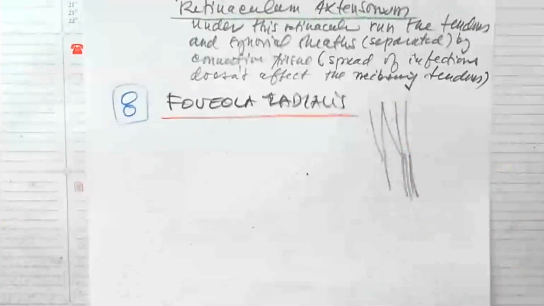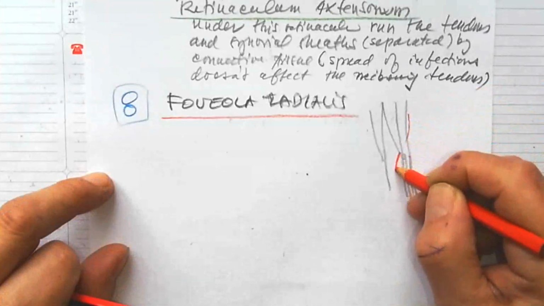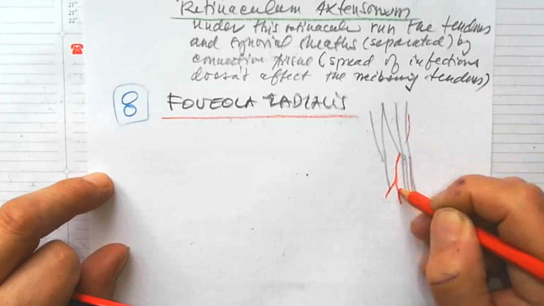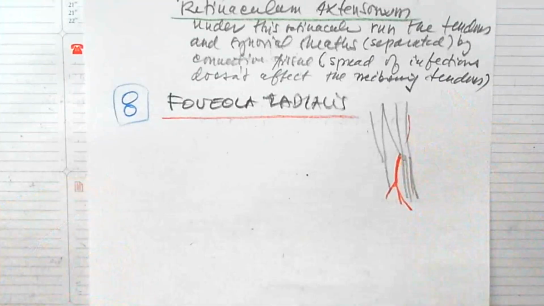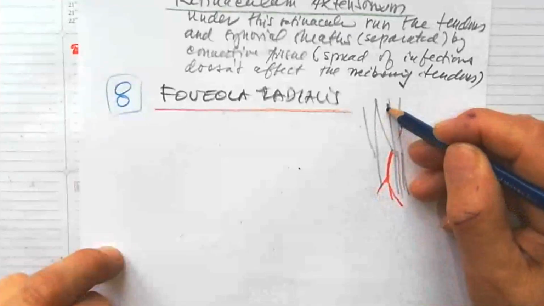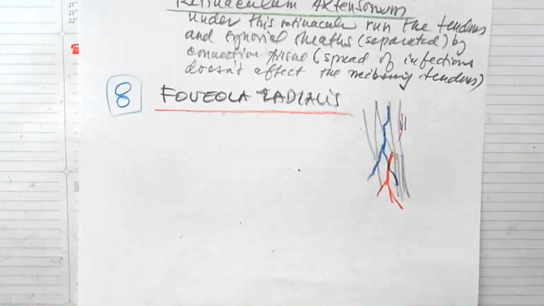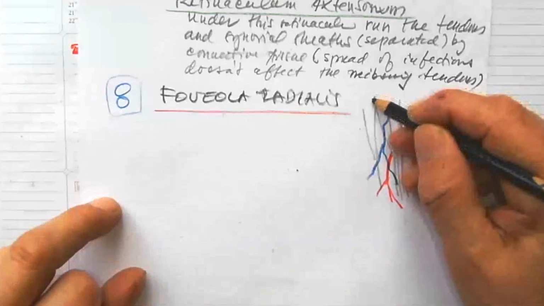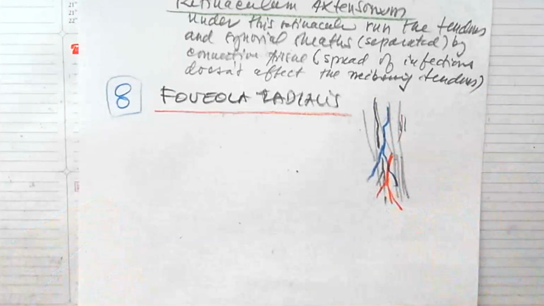Then the artery, which passes obliquely like that and divides into other branches, the radial artery. I'm not drawing the accompanying veins, which must run together, but here runs the cephalic vein, and finally the nerve, the ramus superficialis nervi radialis.